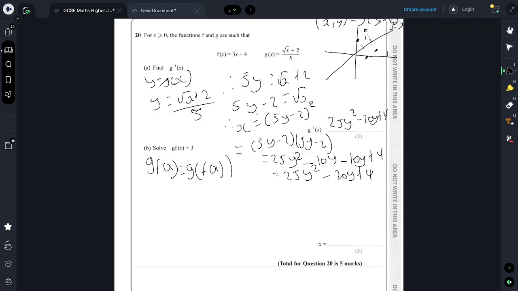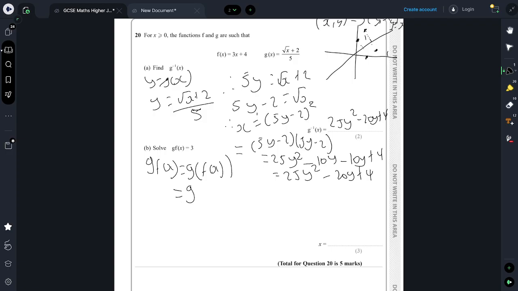We're not timesing. If it was times, then it would look like g of x, f of x, where you have a bracket for the x's on both of them. But because there's no g of x, f of x, it's just g of f of x. That means we're inputting f of x into g.